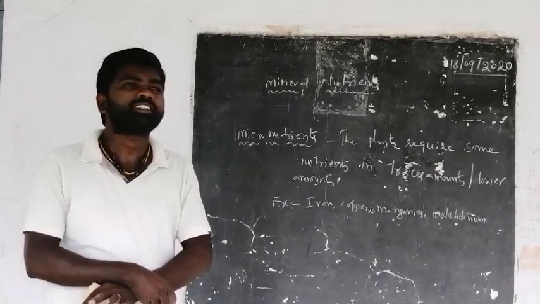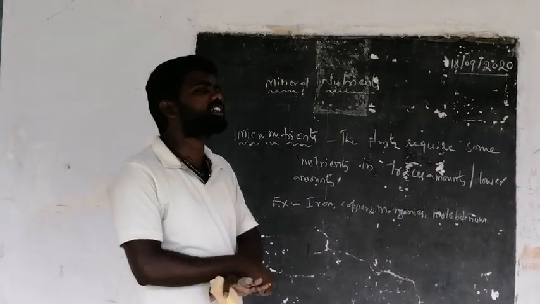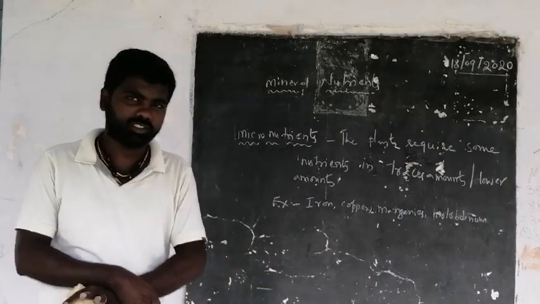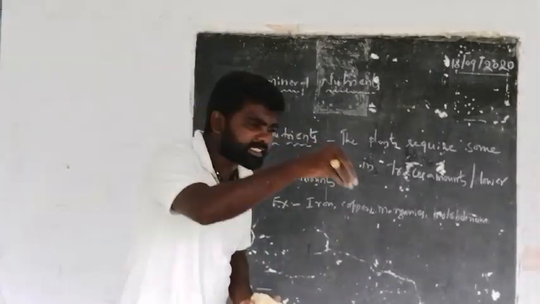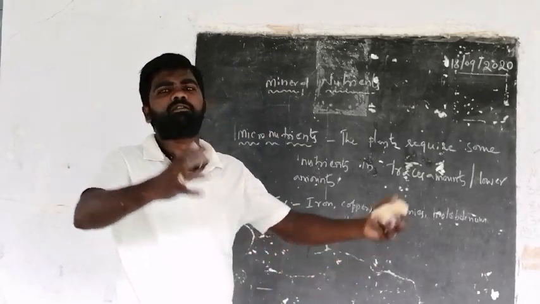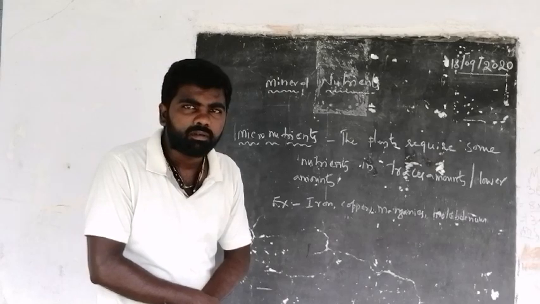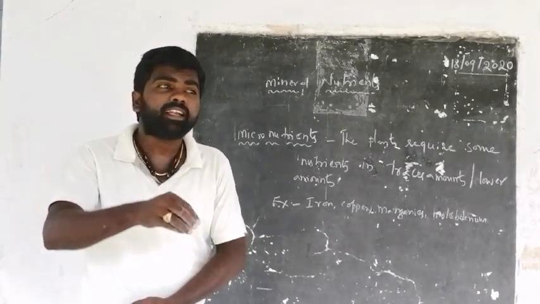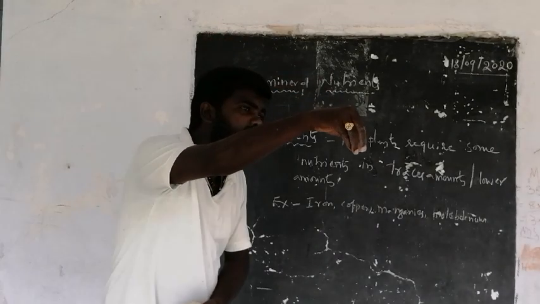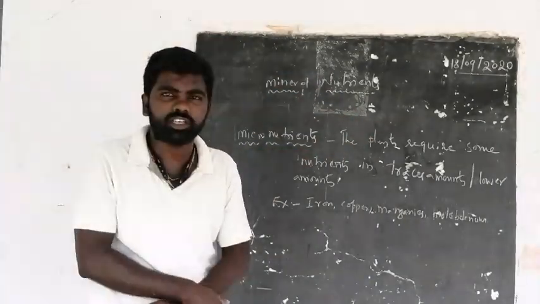To prove that, scientists used a technique called hydroponics. They grew some plants in soil and they developed very easily, and some plants only in water without any mineral nutrients.